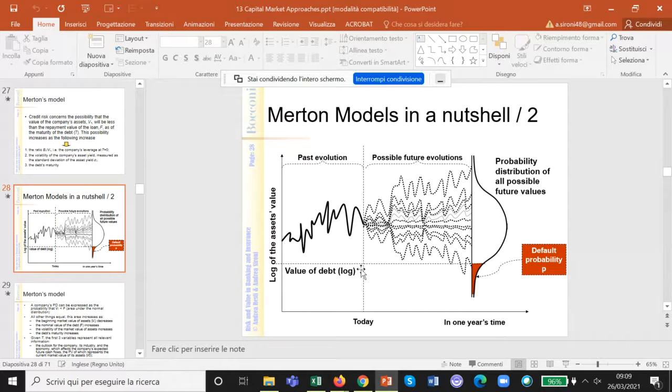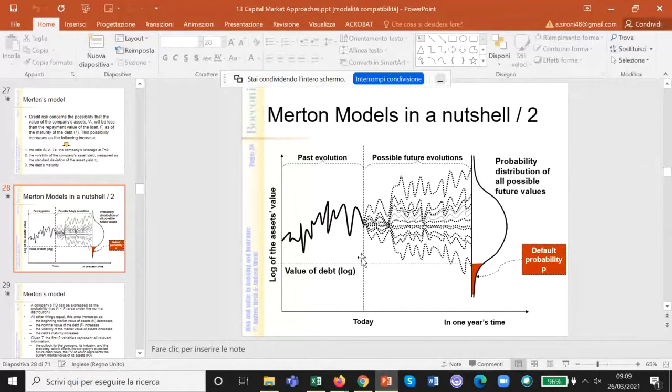Other things equal, if debt were lower, of course, the probability of default would be lower, okay? So the first component that is affecting the probability of default for a company is the difference between the value of the assets and the value of debt, which at the end of the day is leverage, i.e. financial risk, okay?